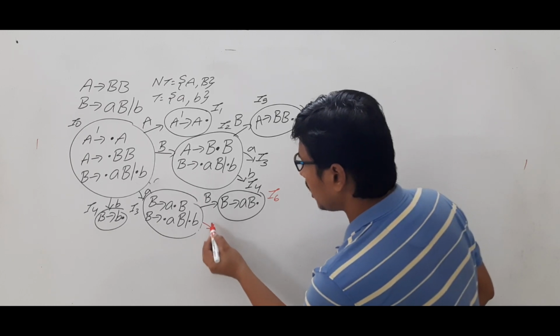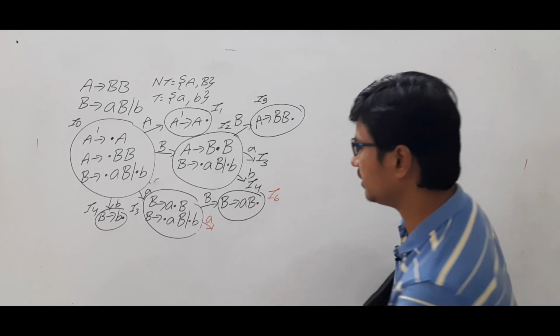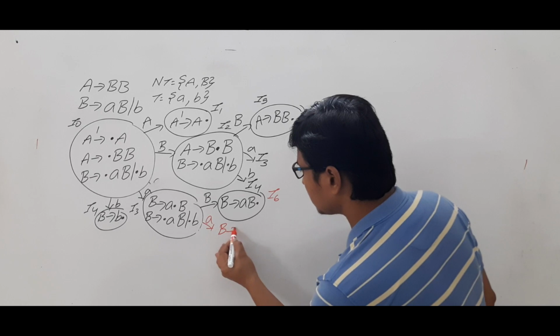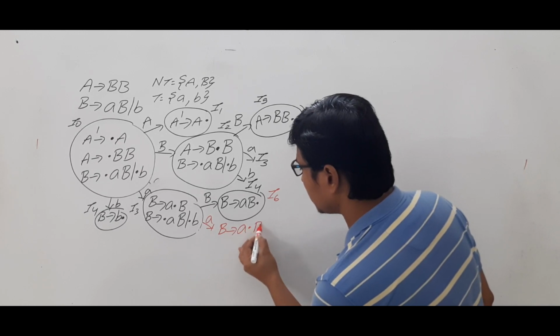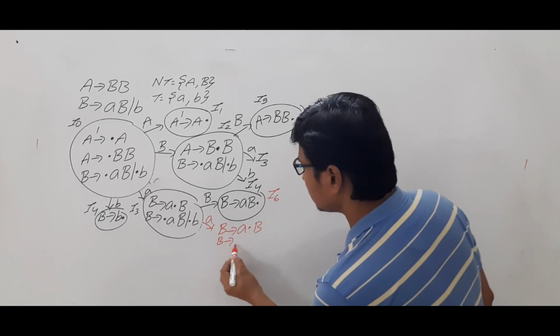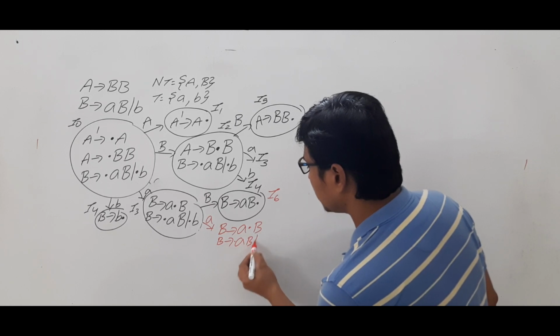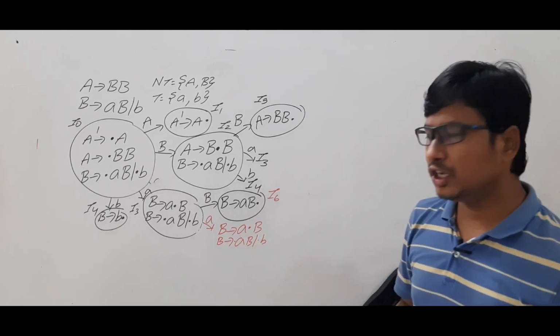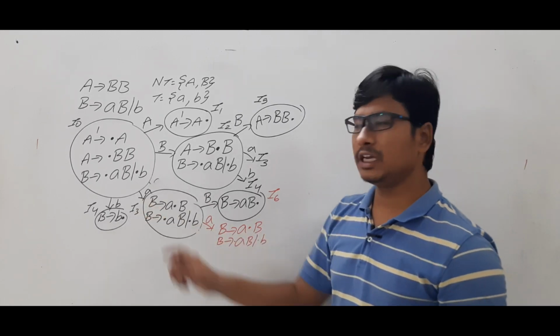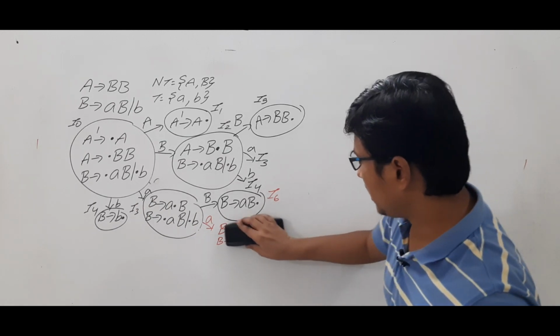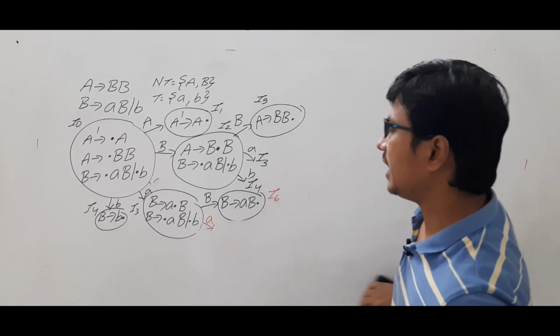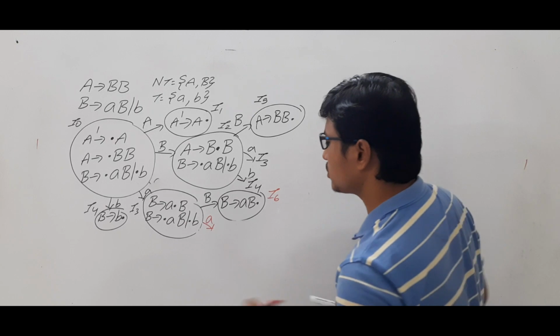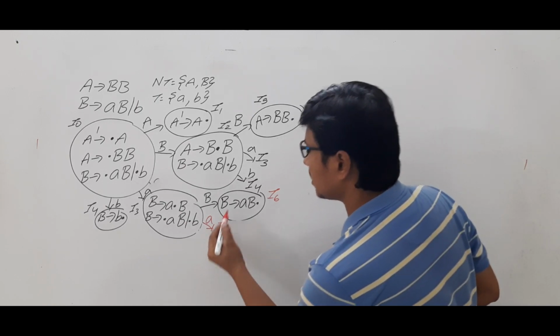Now on small a, what will happen? B determines A dot B, which is equal to the same item I3. So I can write it as I3 on A is going to I3 itself.